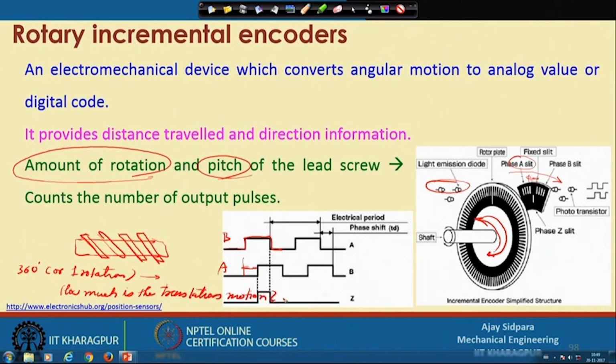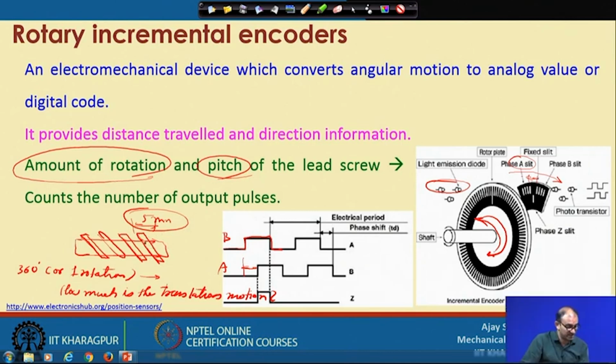Correct, so that is the pitch. If you rotate one full rotation, we know the pitch of the lead screw. Suppose the pitch of this lead screw is 5 mm, then for one rotation you move 5 mm in translation motion.